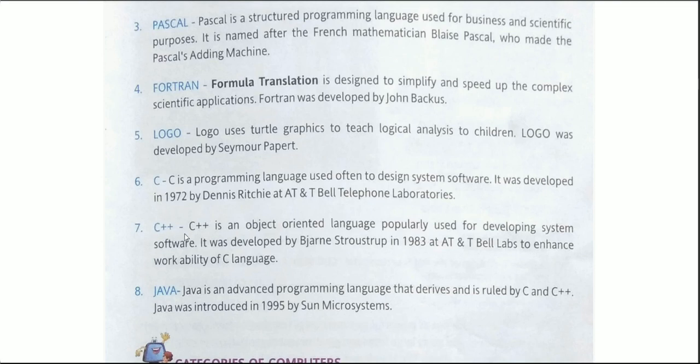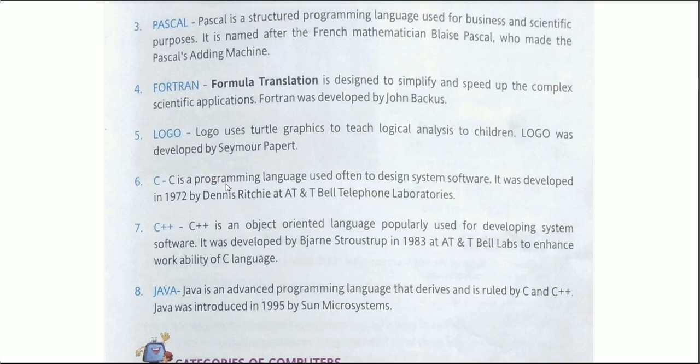Regarding C++, C++ is an object-oriented language popularly used for developing system software. Again, C++ is used for developing what? System software. It was developed by Bjarne Stroustrup in 1983 at AT&T Bell Labs to enhance the workability of the C language. That is why C++ is known as the enhanced C language.